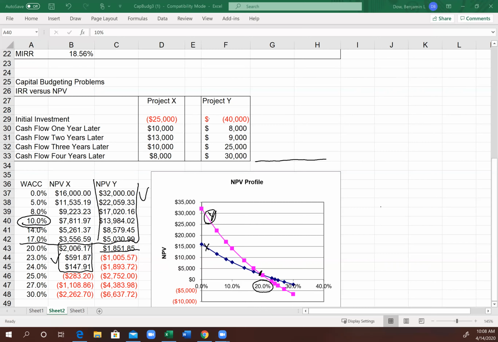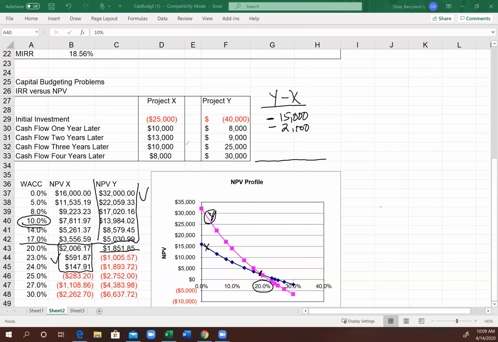Okay. But we want to look at the difference between X and Y. Okay. So it doesn't really matter if you do Y minus X or X minus Y. Okay. But if I did Y minus X, negative 40 minus 25 is negative 15,000. 8,000 minus 10,000 is negative 2,000.